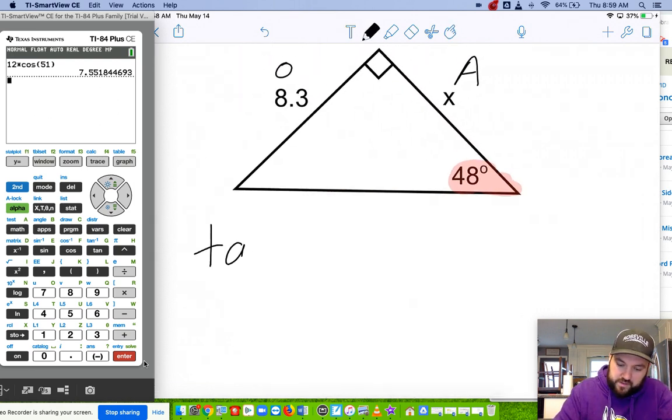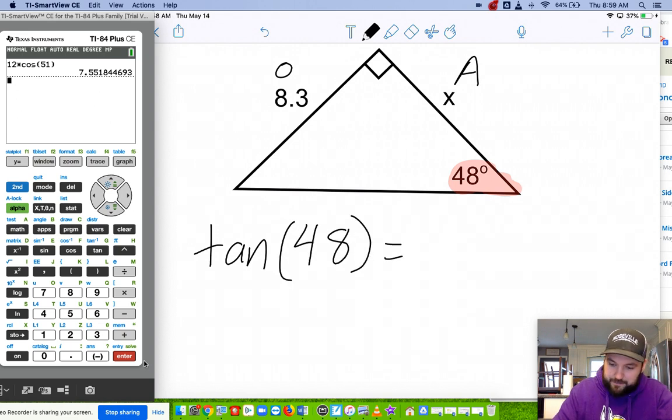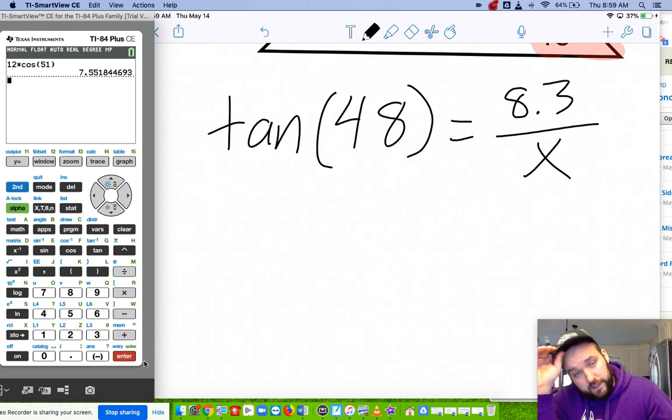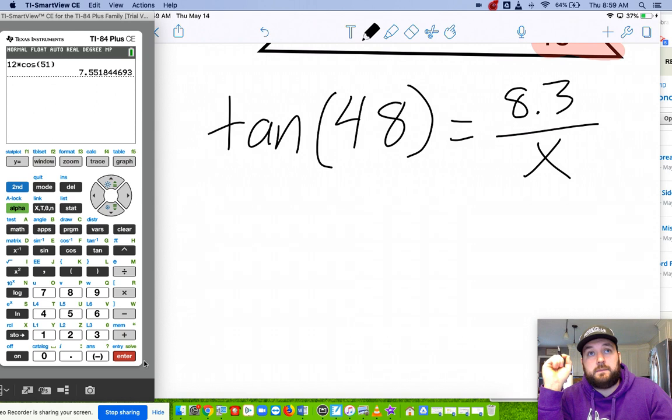So I'm going to set up tangent of 48, which is the angle, equals opposite over adjacent, which is x. Now, mathematically, my goal is to get x by itself.